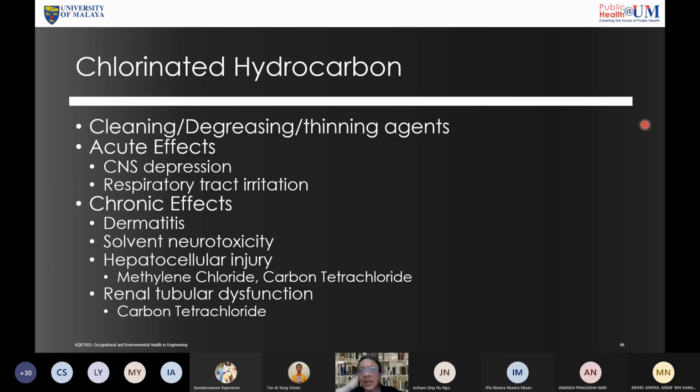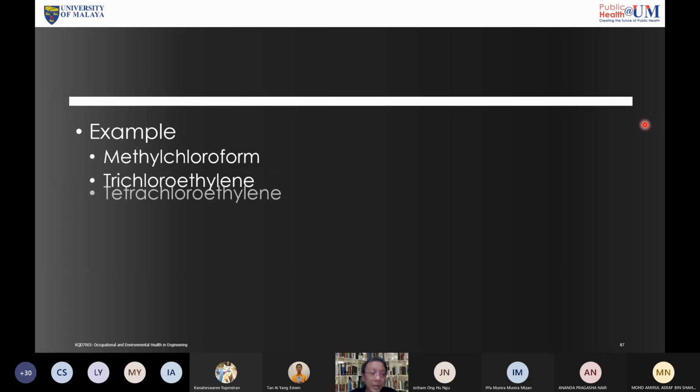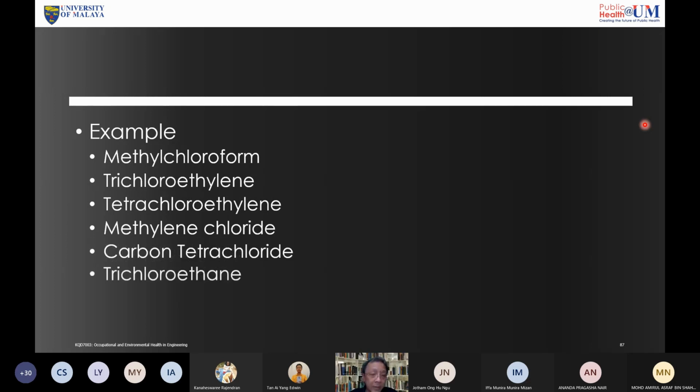The only problem is when the chemical escapes. So the idea is how do you prevent a chemical from escaping? That's when the problem arises. Examples: methyl chloroform, trichloroethylene, tetrachloroethylene, methylene chloride, carbon tetrachloride, trichloroethane. These are examples of chlorinated hydrocarbons.